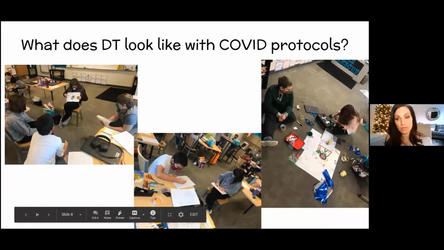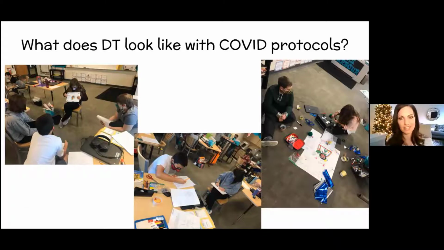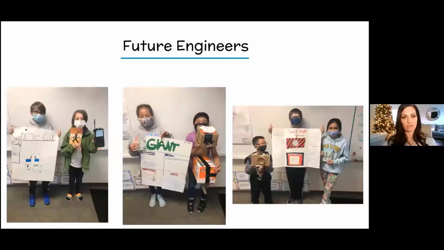Now, when it comes to prototyping, you see the two on the bottom and there's a kind of a disaster next to them. They did their own parts of their prototype, right? Instead of going back and forth and sharing, they were still able to do their prototyping, just using their own materials. That was the way we solved it for that.